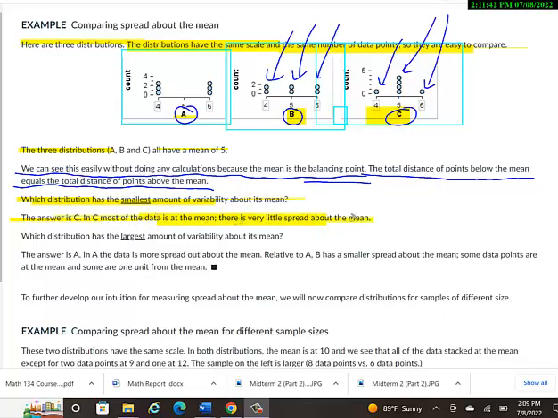There's very little spread about the mean. Which distribution has the largest amount of variability about its mean? I'd say A, because there are no data values at 5. 3 of them are below, 3 of them are above. In A, the data is more spread out about the mean. Relative to A, B has a smaller spread about the mean. Some data points are at the mean and some are 1 unit from the mean.